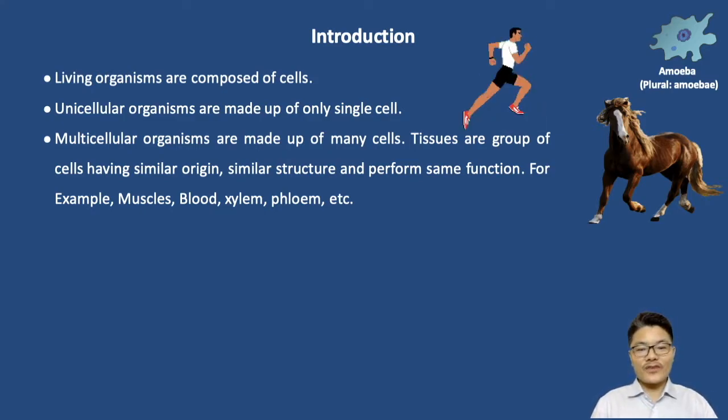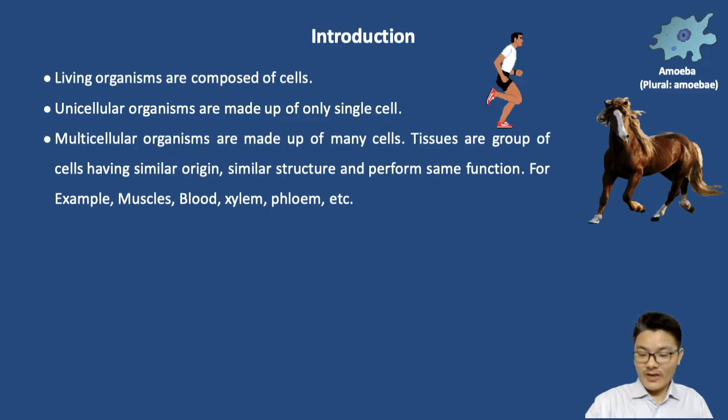In case of us, we are made up of many cells, and we have tissue level organization. We have already explained that tissues are groups of cells having the same origin, same structure, and performing the same function.